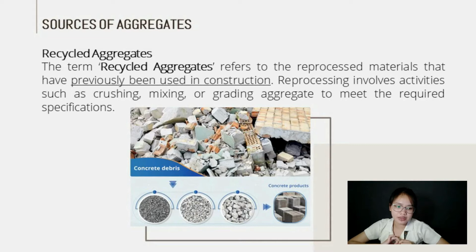Producing recycled aggregate is more cost effective than producing natural aggregates, because in producing natural aggregates, there is transportation cost, equipment cost, and it will consume a lot of time, and as we all know, time is money. Overall, it will cost more using natural aggregate than using recycled.